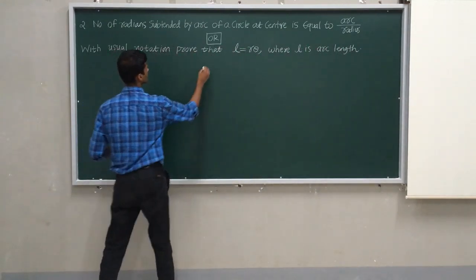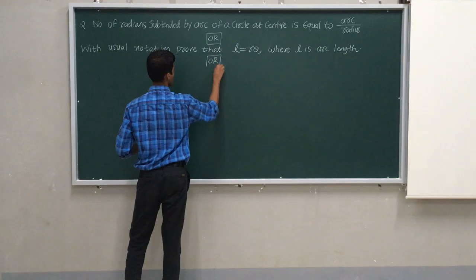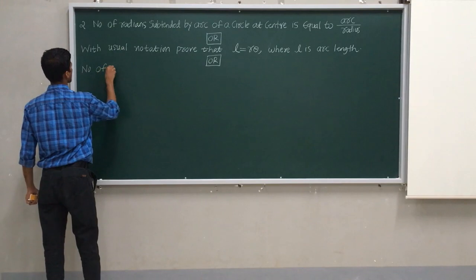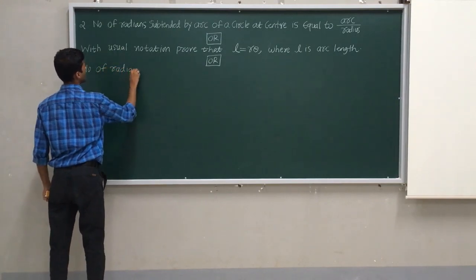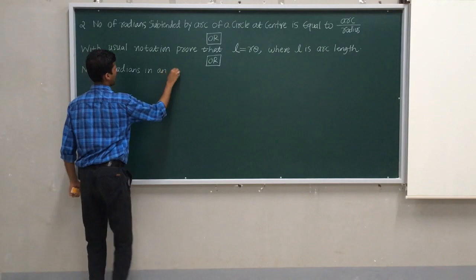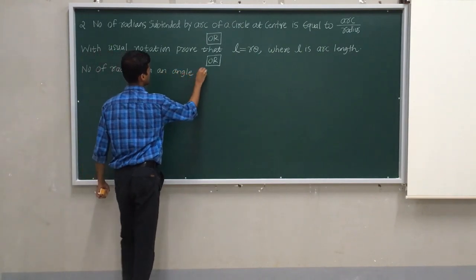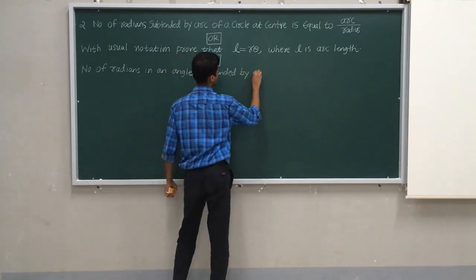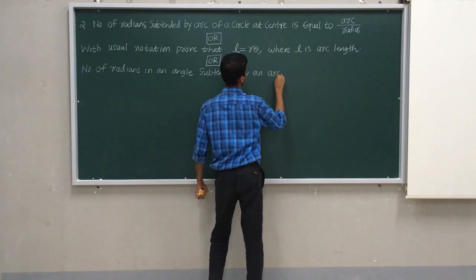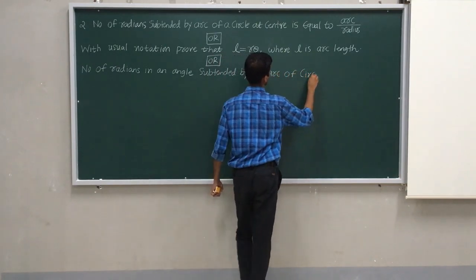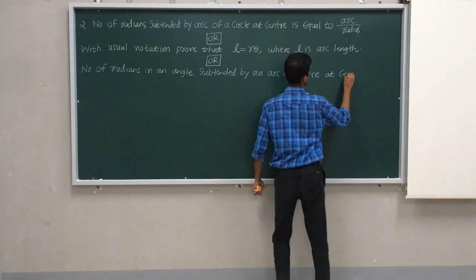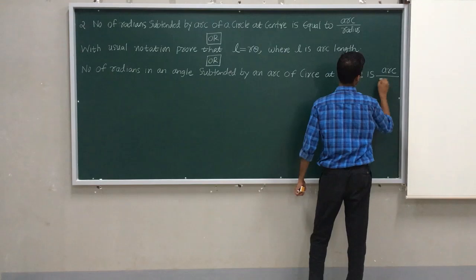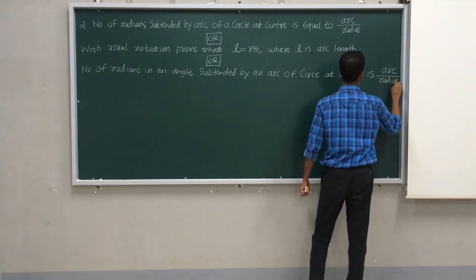Or one more way to ask this question: number of radians in an angle subtended by an arc of a circle at center is arc divided by radius.